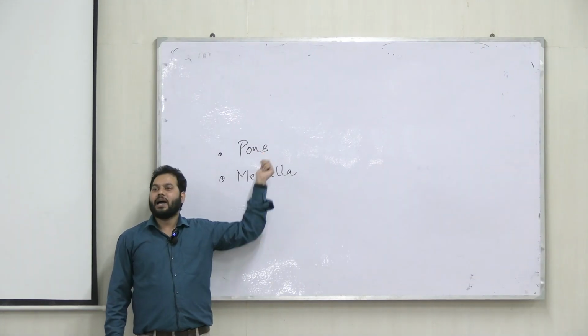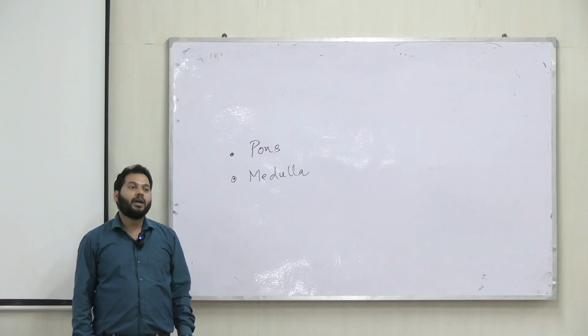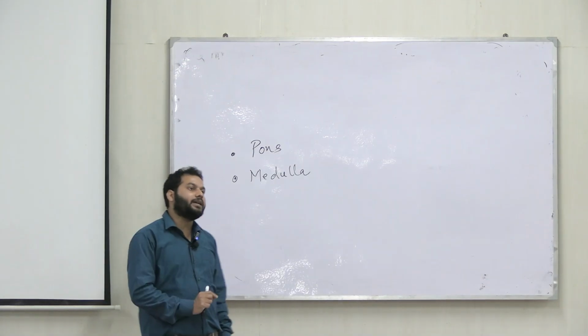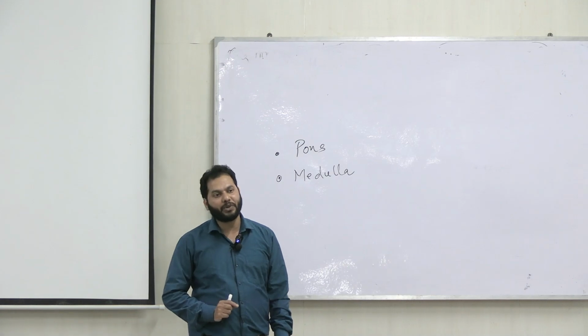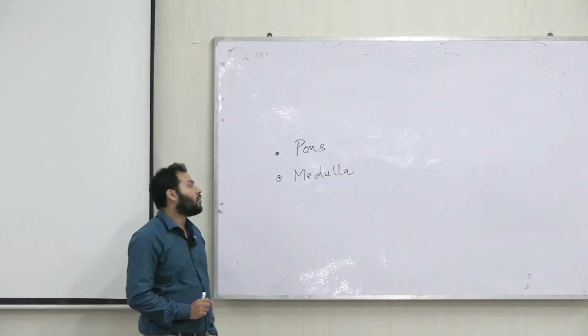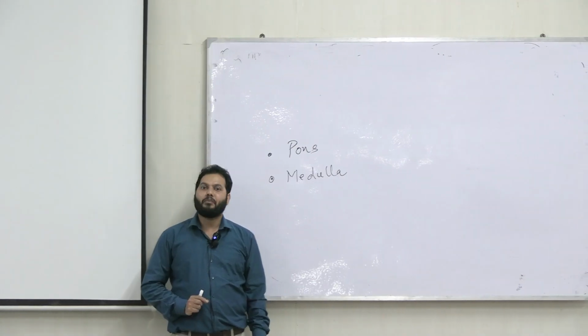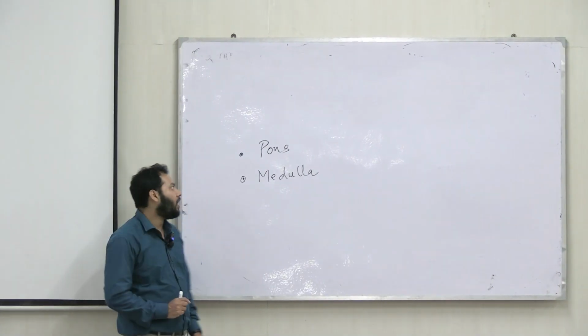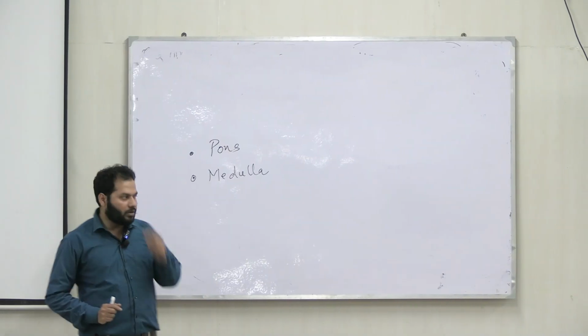Both the pons and medulla contain some respiratory centers, and those respiratory centers are involved with the neural regulation of respiration. Now, what are the different types of respiratory centers present in both the pons and medulla, and how do they regulate the breathing process?